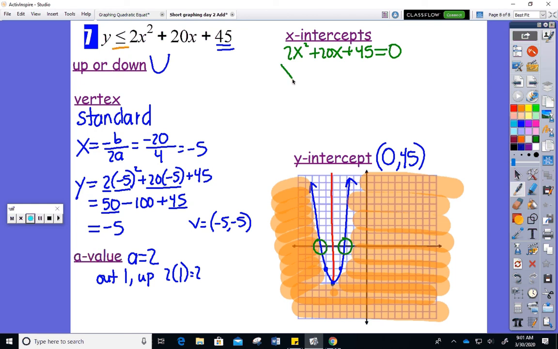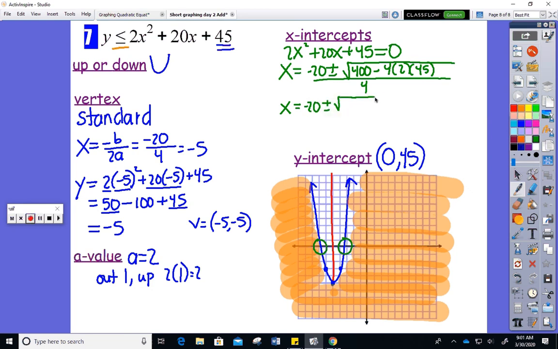So x equals negative b plus or minus the square root of b squared. 20 squared is 400. Remember, that's always positive. Minus 4ac, all over 2a. So remember, what I've asked you to do is get the one number under the square root by itself.